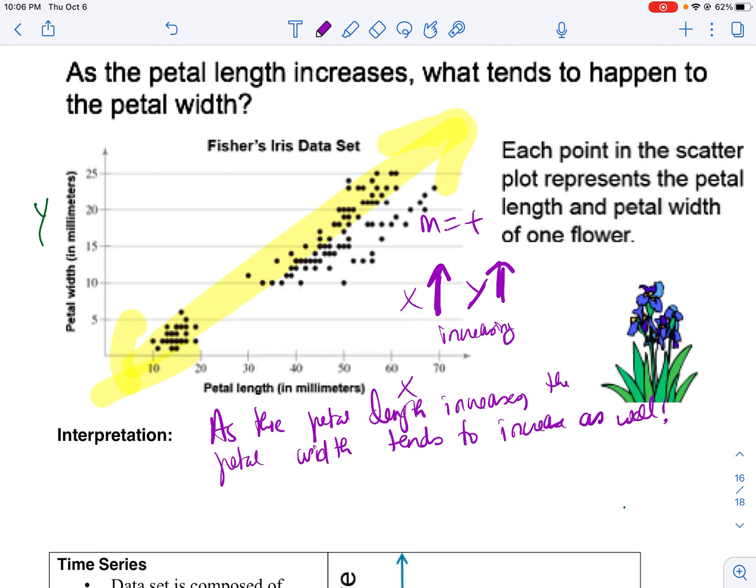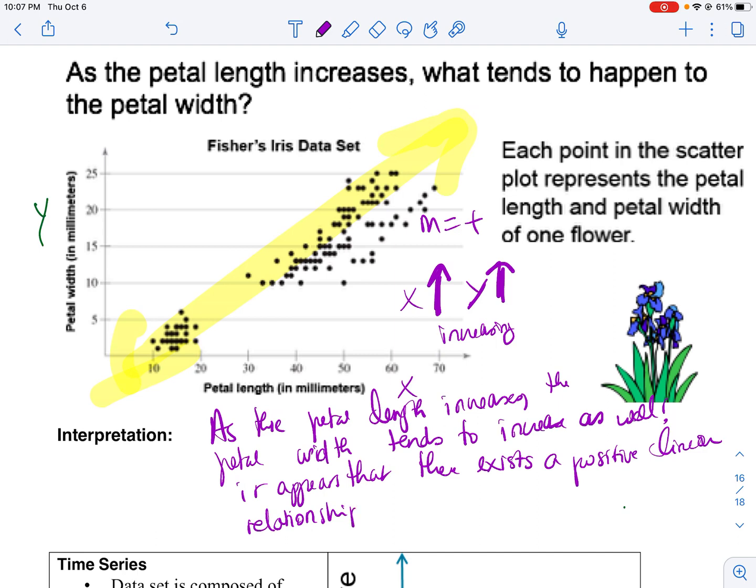So what it means from the graph is that it appears that there exists a positive linear relationship between petal length and petal width.